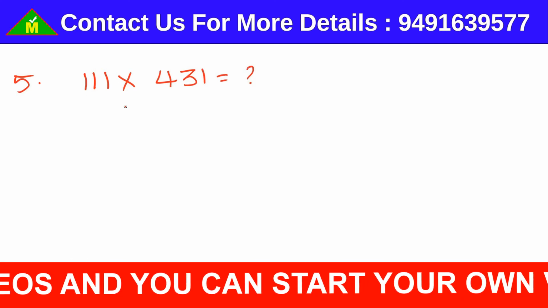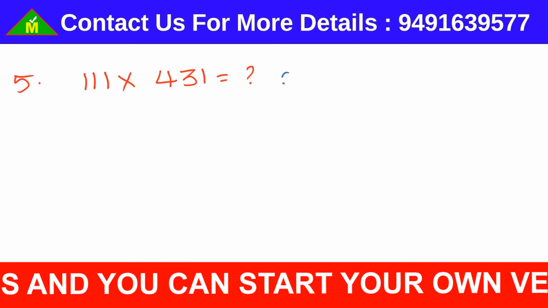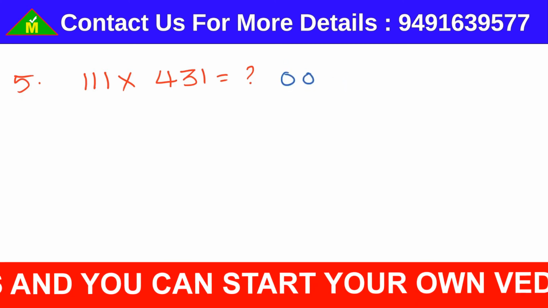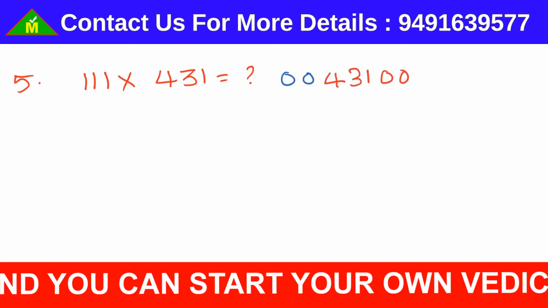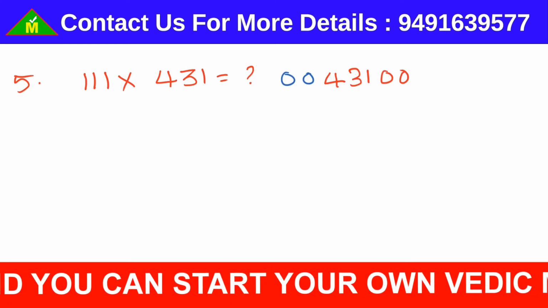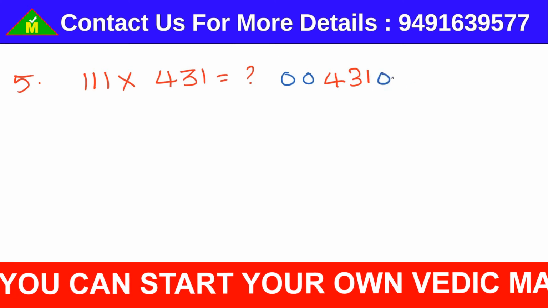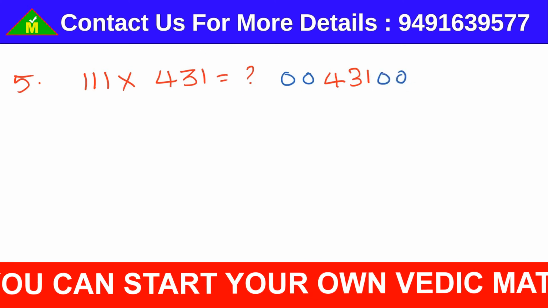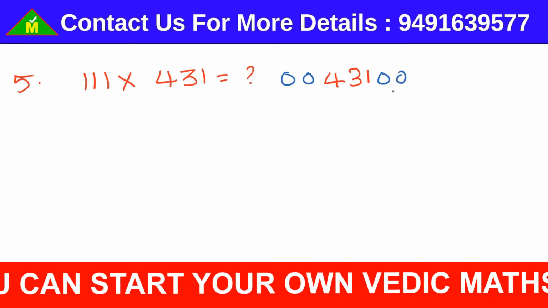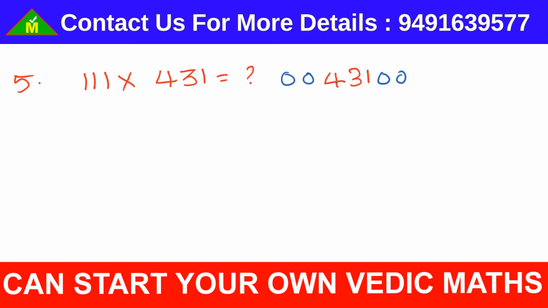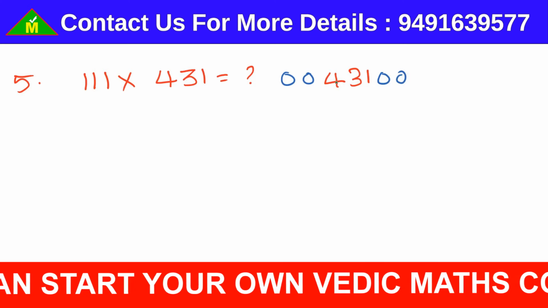Now we have 111, so we will add 2 zeros before and after the number which we want to multiply. And here we add different numbers each time: last time we added 2 digits from right to left, now we have to add 3 digits.